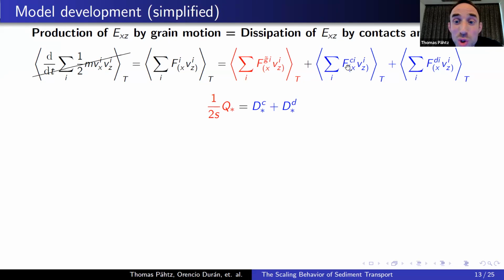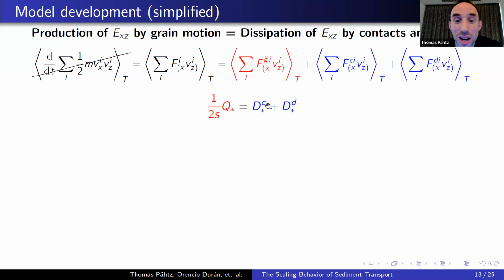So the red is equal to minus the two blue terms. And one can show, and that is also exact, there's no approximation at the very moment, that this equation rearranged is somehow the sediment transport rate.